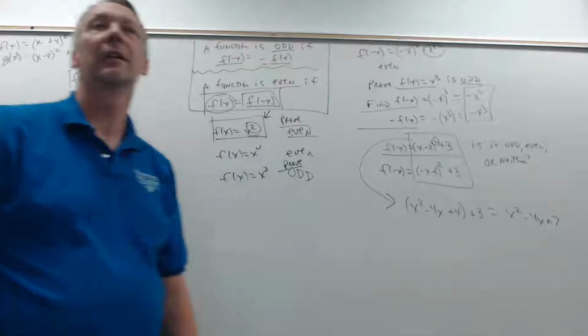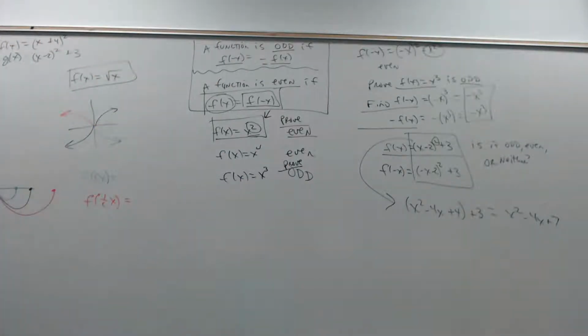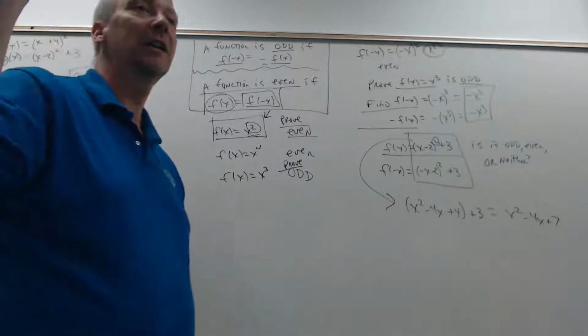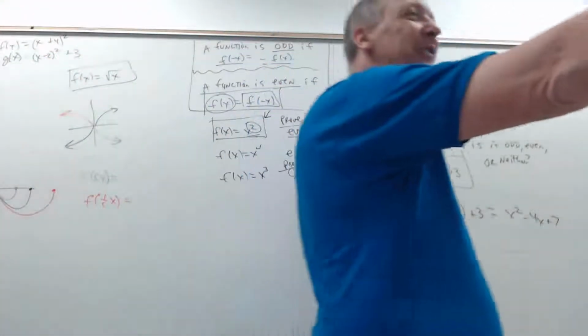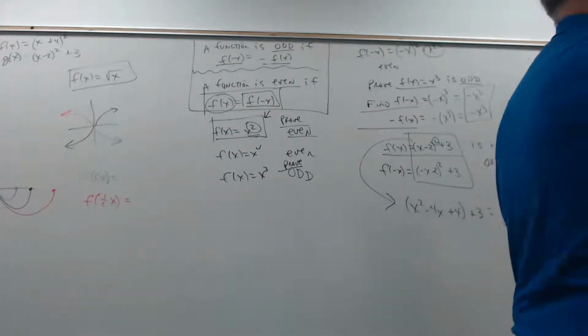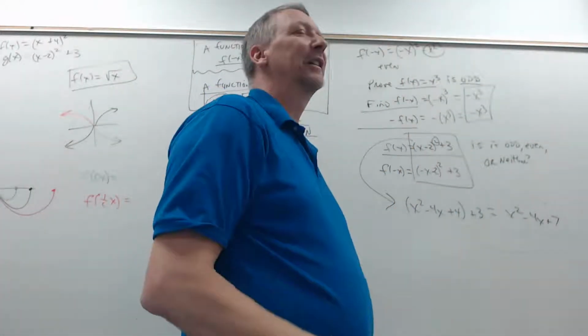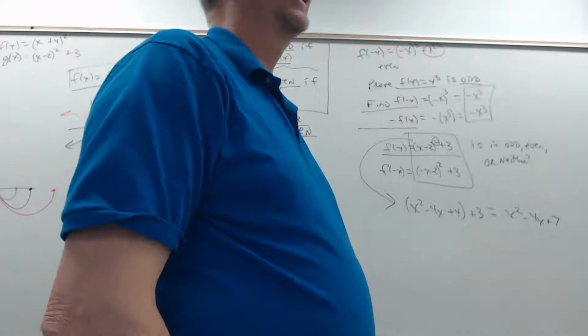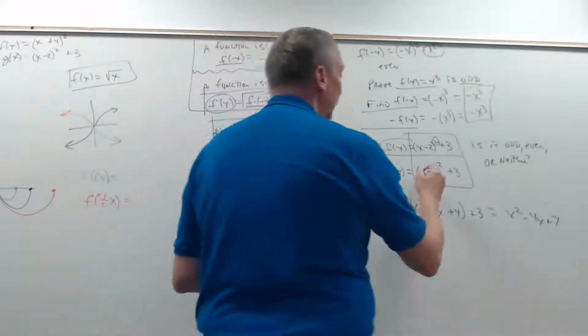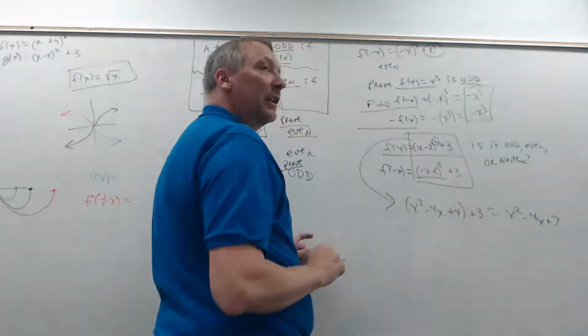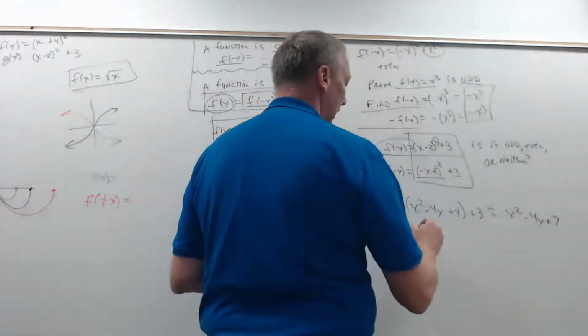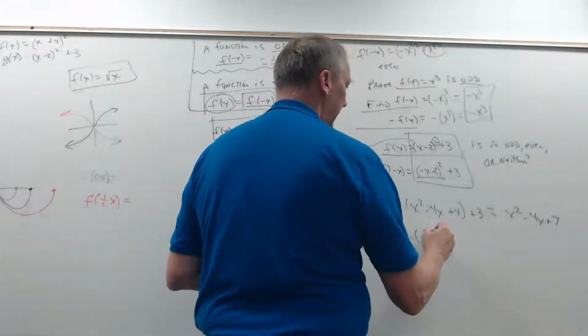Do you agree with that? Okay, Caitlin, can you FOIL this out? Negative x times negative x is positive x squared.